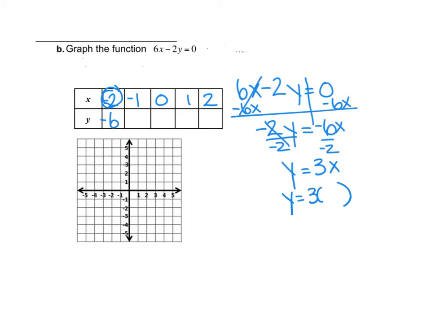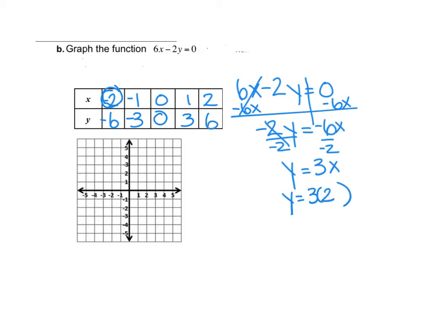When x is equal to -1, y is equal to -3. When x is equal to 0, y is equal to 0. When x is equal to 1, y is equal to 3. And plugging in the last one, which is 2, I'll have 6.